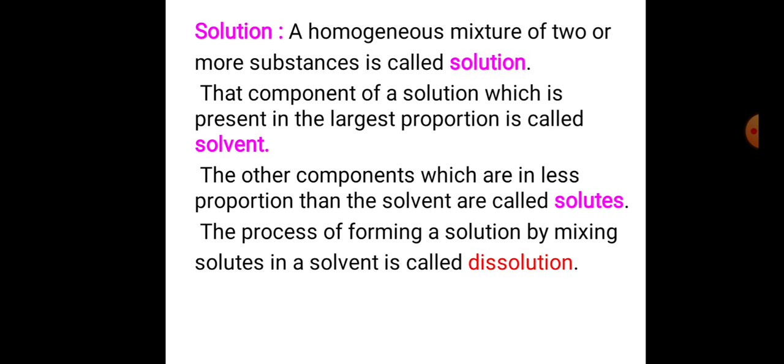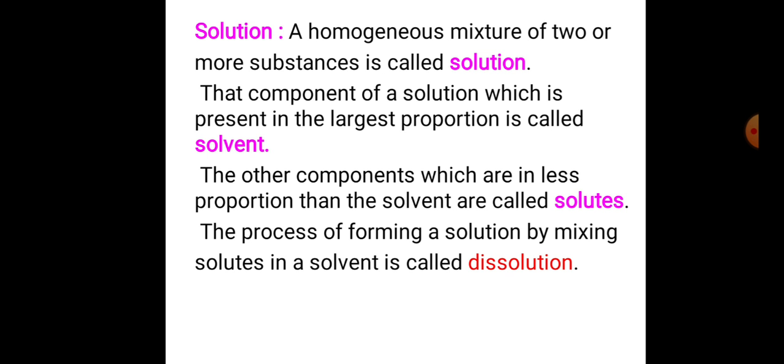And when sugar crystals dissolve uniformly into water, then the mixture which is ready is called a solution. It's a homogeneous solution. The process of forming a solution by mixing solutes in a solvent is called dissolution.